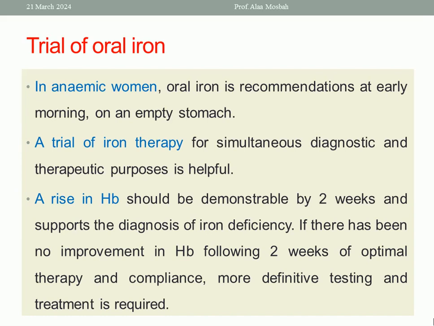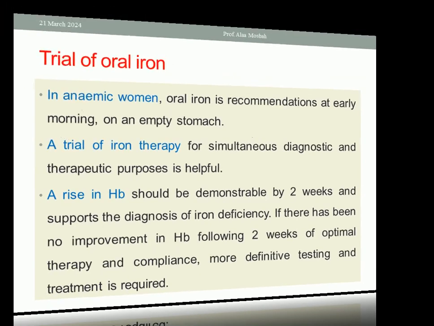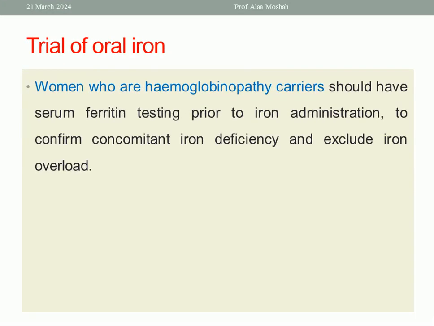If there has been no improvement in hemoglobin following 2 weeks of optimal therapy and compliance, more definitive testing and treatment is required. So you are in need of more investigation and maybe a modification of your treatment.